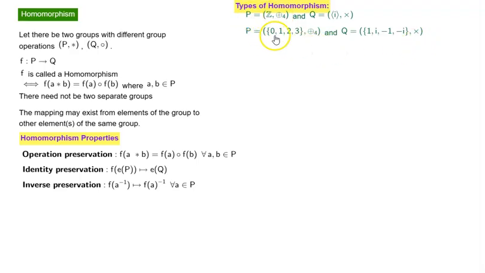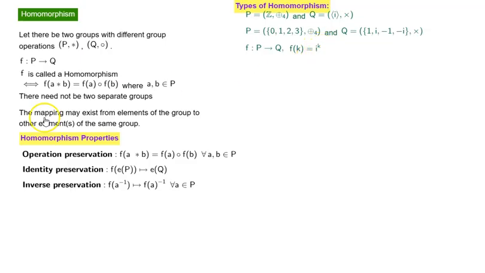So P is equal to 0, 1, 2, and 3 under addition modulo 4. And Q is 1, I, minus 1, minus I under multiplication. So we have a homomorphism which maps P to Q by the function f of k is equal to I to the power of k.